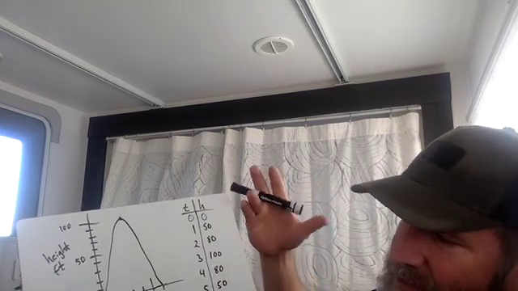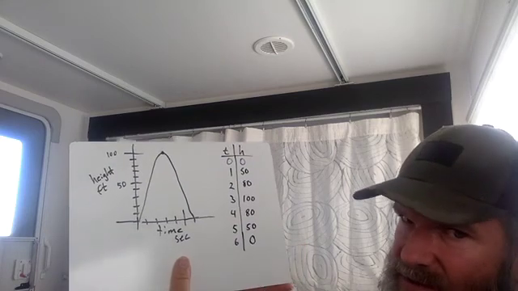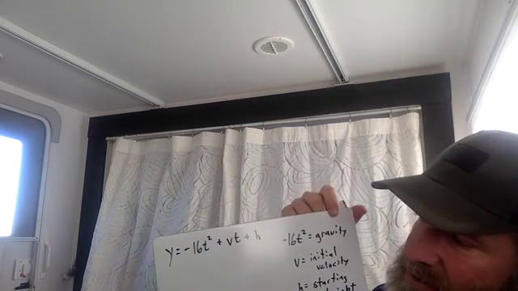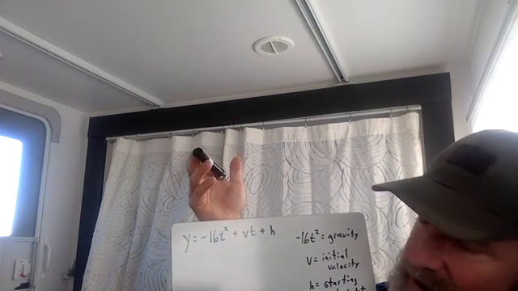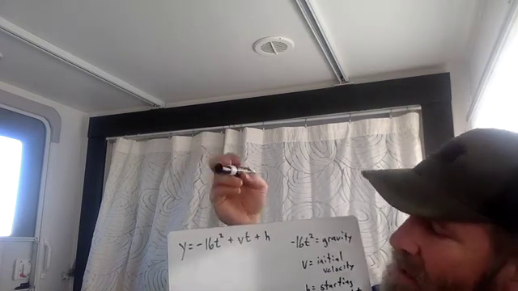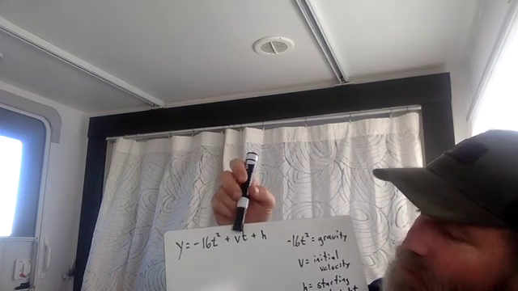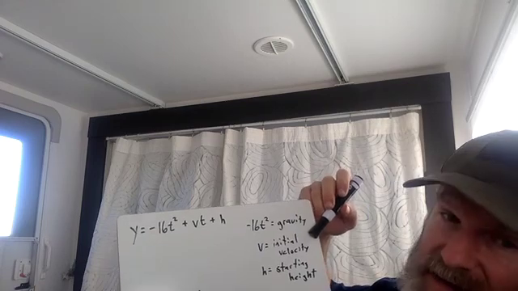All right, now there's an equation for this that looks very similar to ax squared plus bx plus c, but we use different letters. We use t squared for time instead of x, because now our x-axis we're measuring with time. And instead of b, we use a v, which is initial velocity.